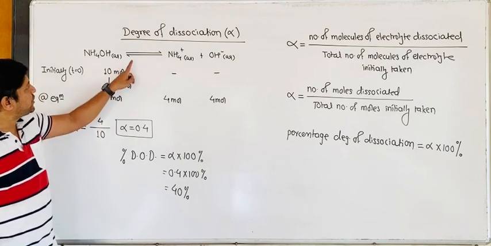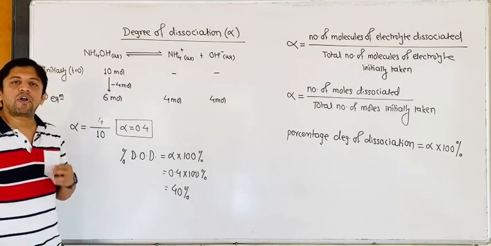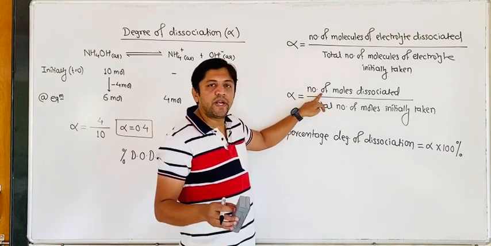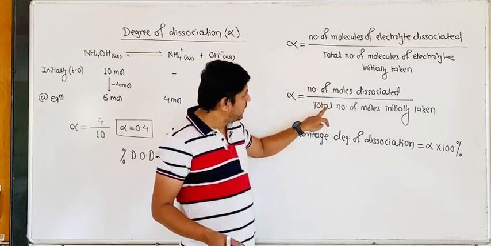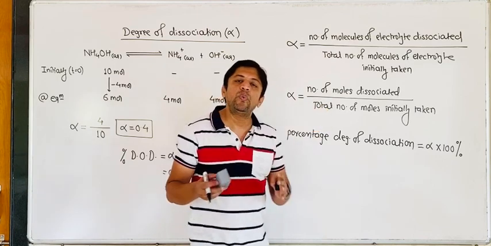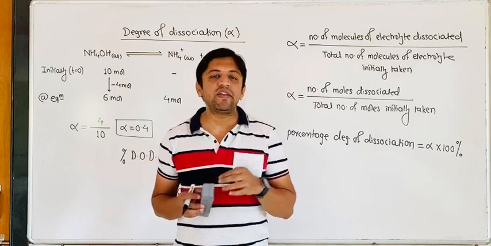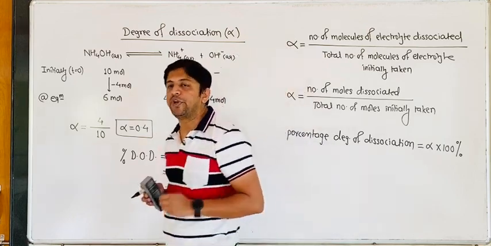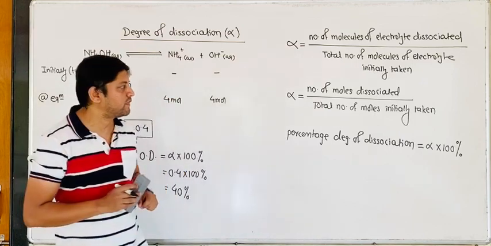So, for a dissociation of weak electrolyte, moles of electrolyte dissociated are always less than total number of moles of that electrolyte initially taken. Weak electrolyte means it has less tendency to undergo ionization process, or less tendency to undergo dissociation process.